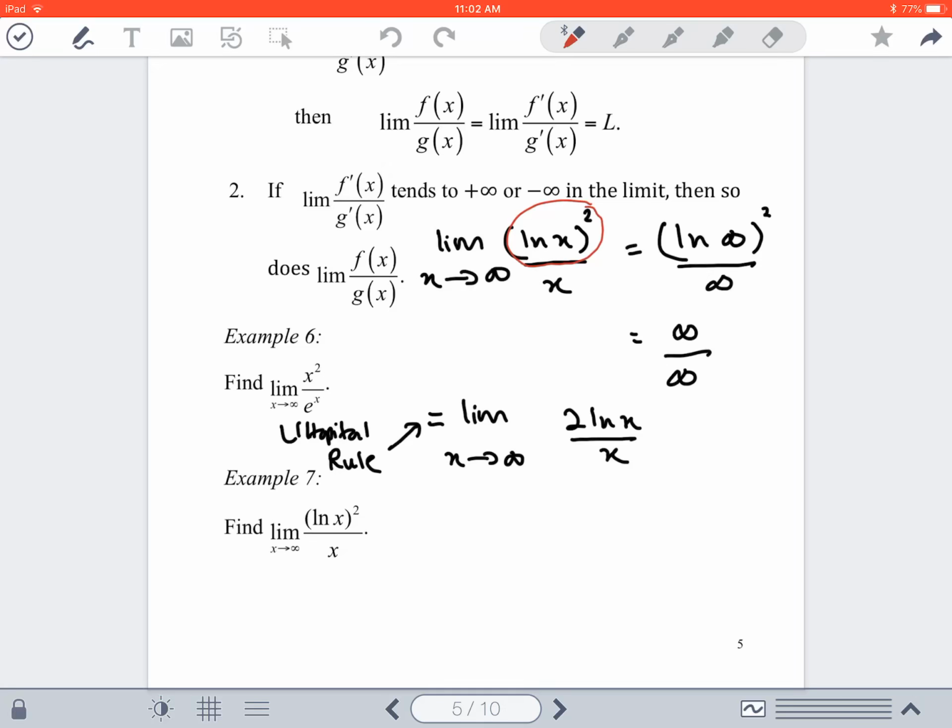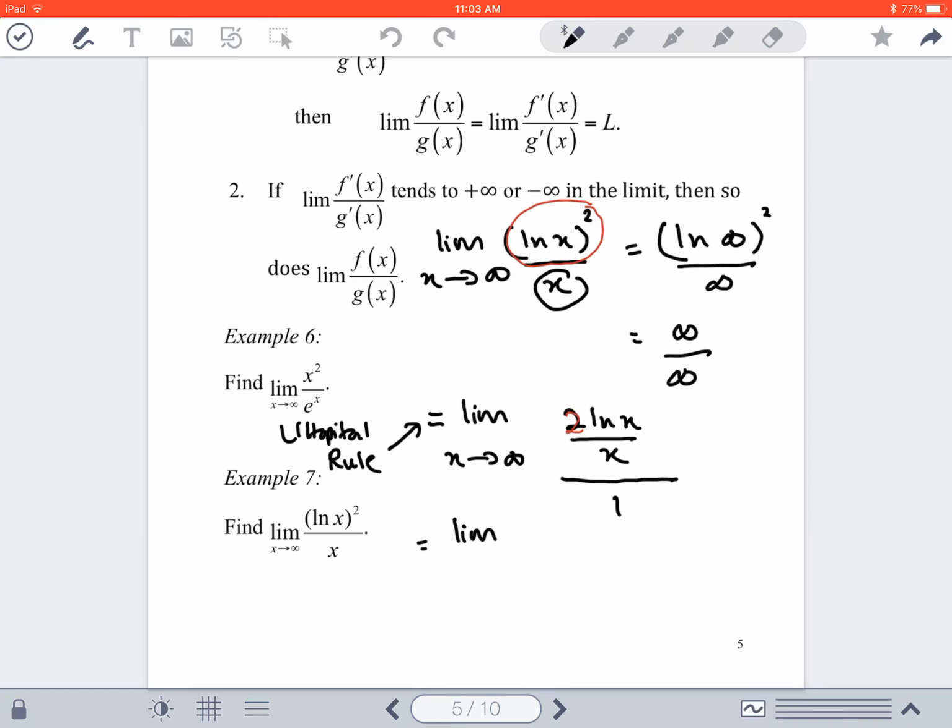Differentiate the outer, you have the square, so you get 2 in front, and then ln x to the power of 1, and then differentiate the inner, ln x, you get 1 over x. Next, you differentiate the denominator x, so we get 1.